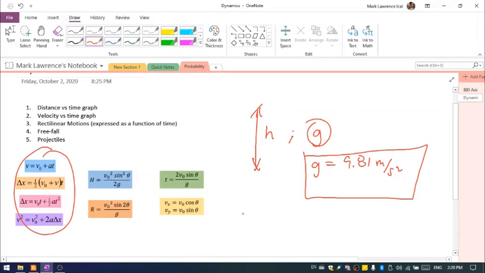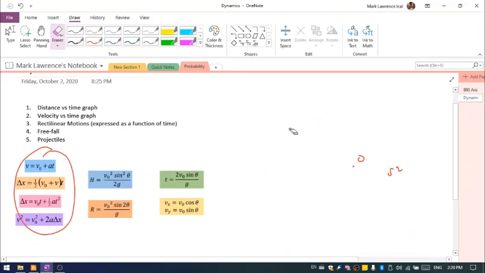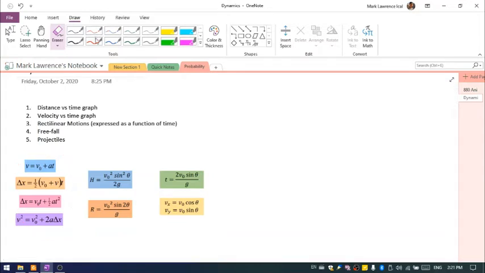Obviously, this is Earth, and this is Moon, so iba ang g pagdating sa Moon. Okay? So, before that one, let's talk about rectilinear motion along the x-axis. Oh, free fall. So, free fall is basically everything that is along the y-axis. So, that's free fall. Okay?